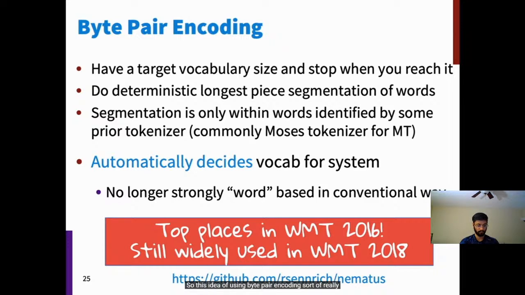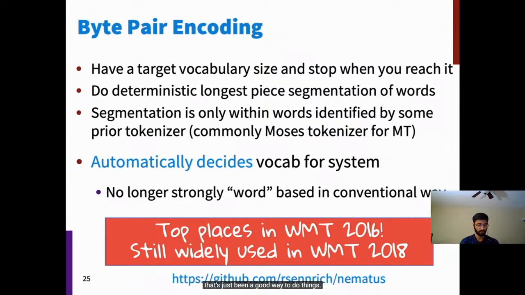So this idea of using byte pair encoding really emerged in 2015, and in the 2016 workshop on machine translation, which has been the main annual competition for MT systems, several top systems were built using byte pair encoding. If you look at last year's competition, there's a bit more variety, but really a number of the top systems are still using byte pair encoding.